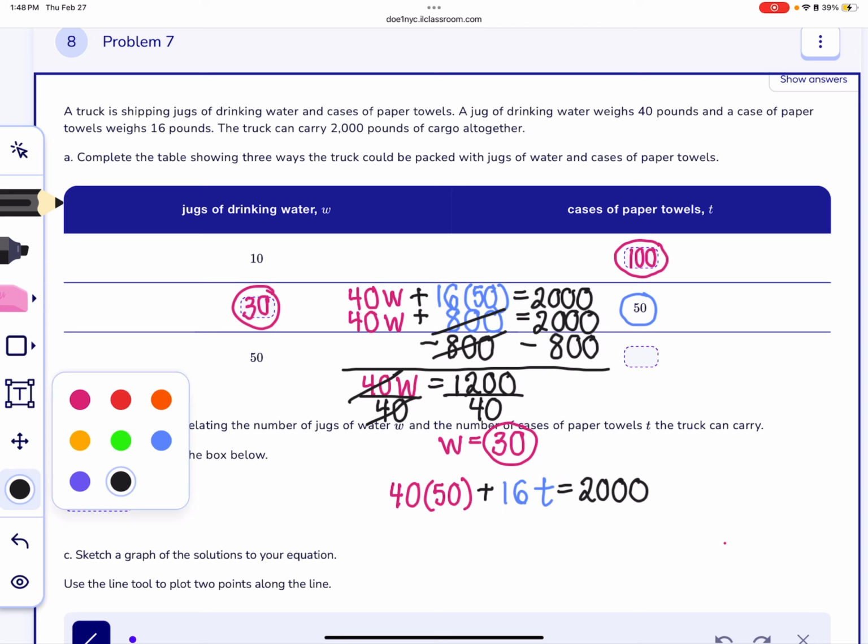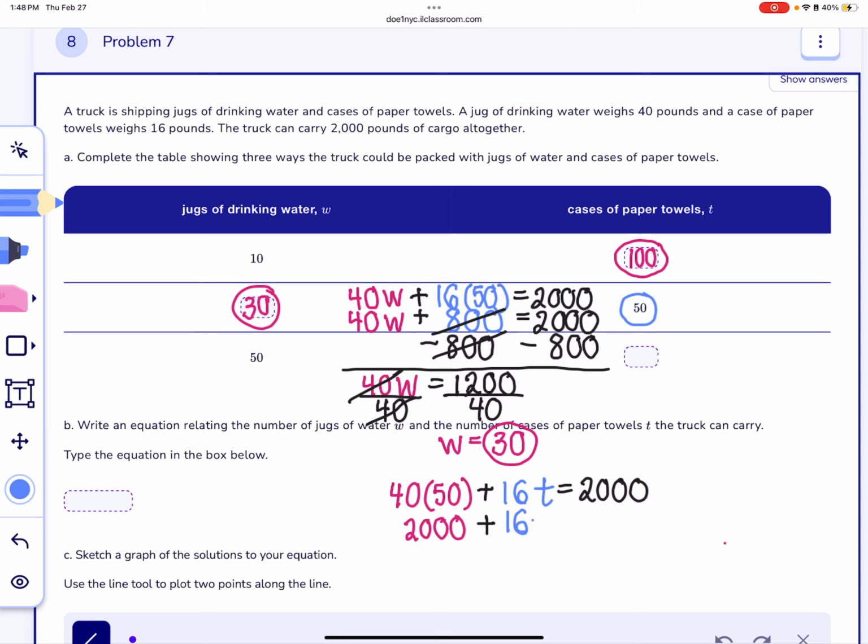Now on the left side, we have 2,000 plus our 16T, and again we're setting it equal to 2,000. And in order to get rid of the 2,000 on the left side, we must subtract it from both sides.